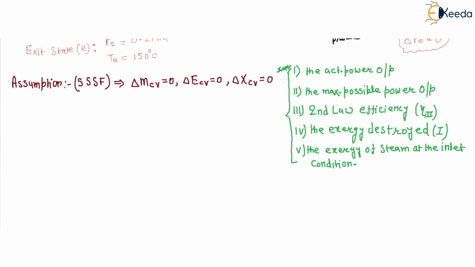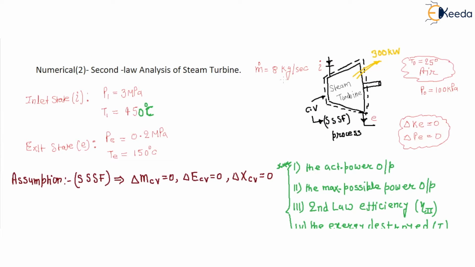First of all, we assume that the turbine is our system. This is the control volume, since mass crosses the system boundary during the process. We note that there is one inlet and one exit.